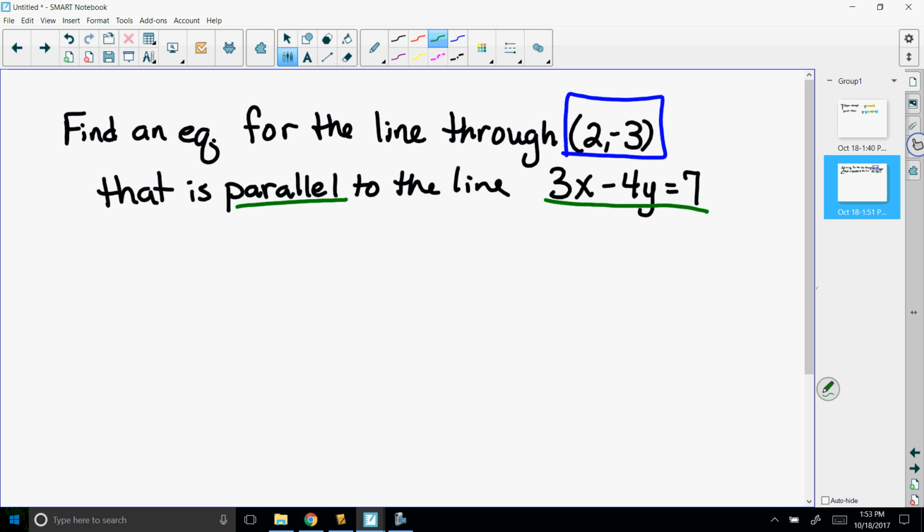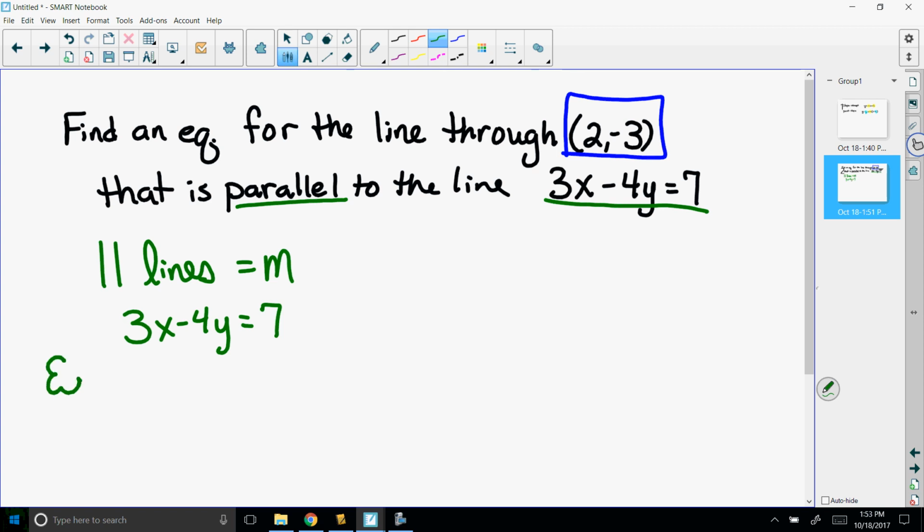What do you know about parallel lines? Parallel lines have equal slopes. So I need to take 3x minus 4y equals 7, and I need to find the slope.